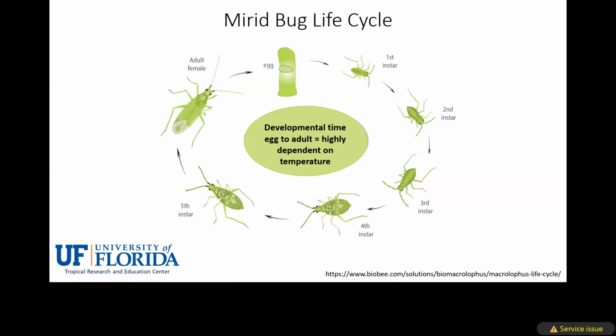Something important to mention is that the life cycle of the mirid bug is highly dependent on temperature. Under optimal temperature, they will have a shorter life cycle. But when the temperature is around 59 degrees Fahrenheit, the life cycle can take even around 90 days. So it can interfere a lot in the developmental time they need to complete from egg to adult.